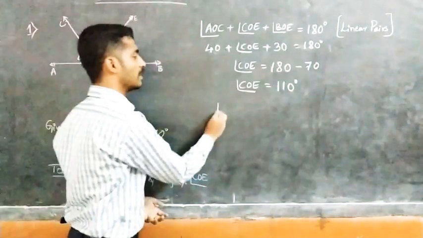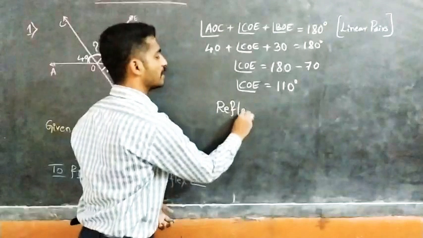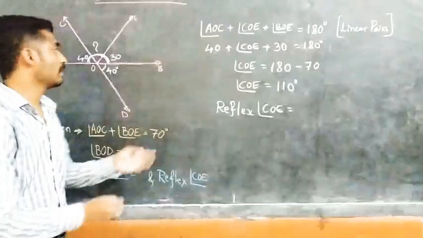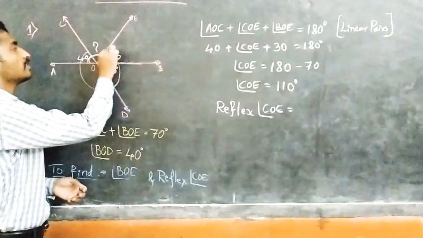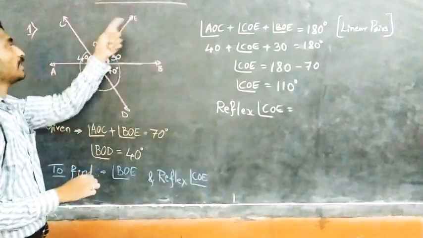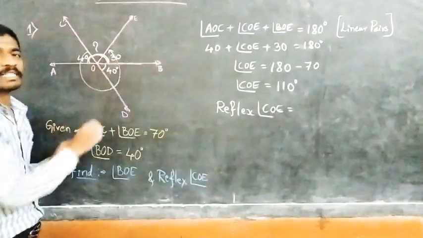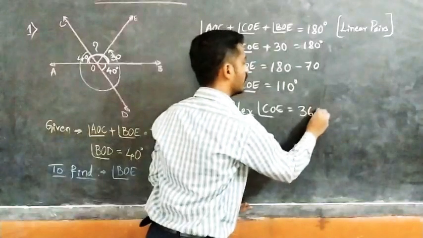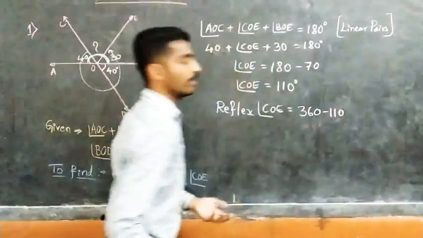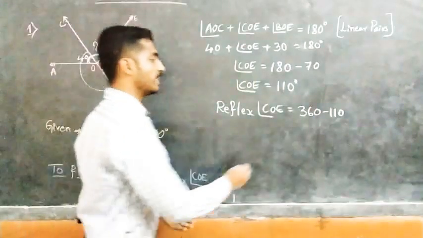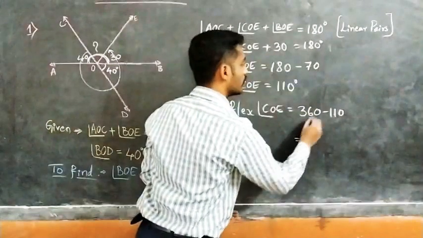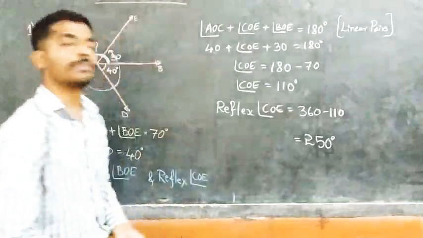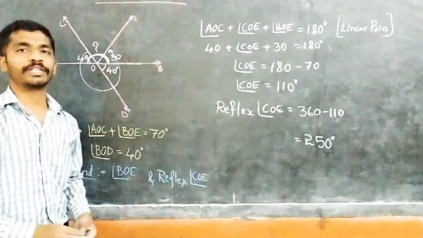So reflex means the outer part of the COE. COE is here, the backside part, that is 360 minus 110. What do we get here? 250 degree. So reflex of COE is 250 degree.